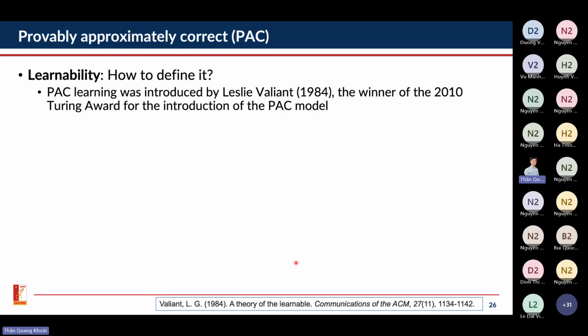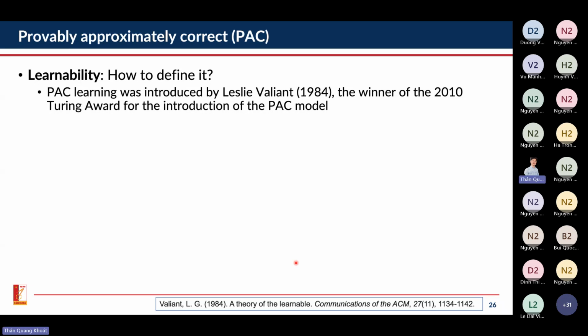Okay, so let's return to a very basic concept in machine learning. It is learnability. The keyword is very natural, right? What is learnability? How to formalize that?